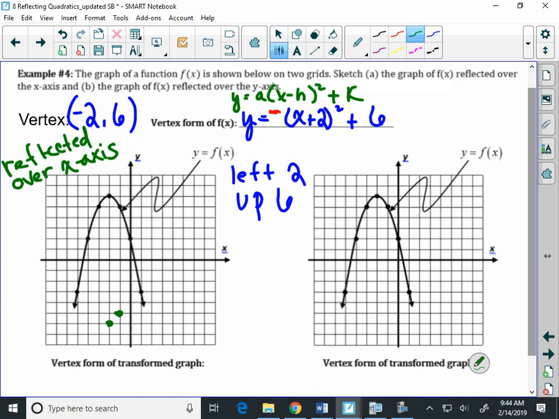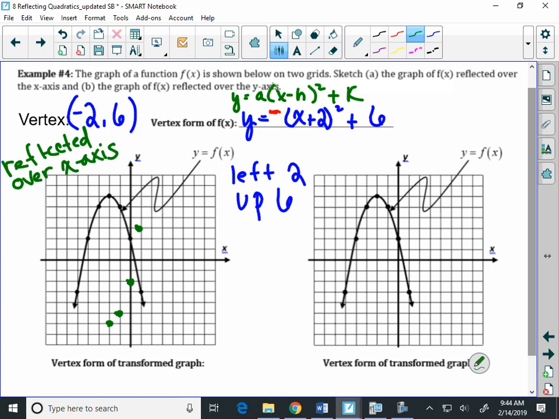0, 2. We're going to flip it over the x-axis. It's going to become 0, -2. The point 1, -3. We're going to flip it over the x-axis. It's going to become 1, +3.